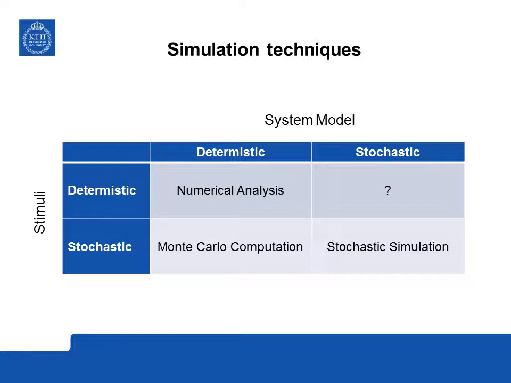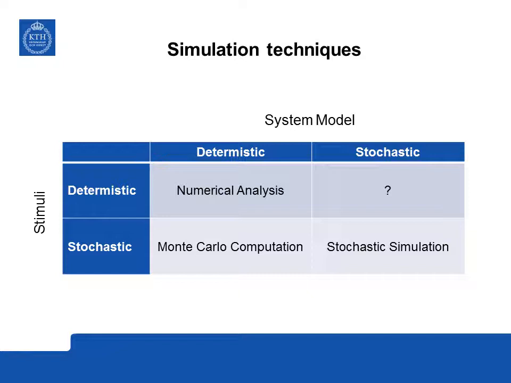What we actually do is a numerical analysis of the system. It may still be a very complex mathematical model, so we may put in deterministic stimuli and observe the output results.